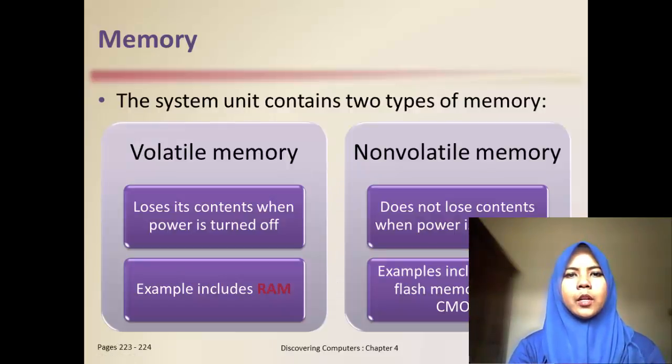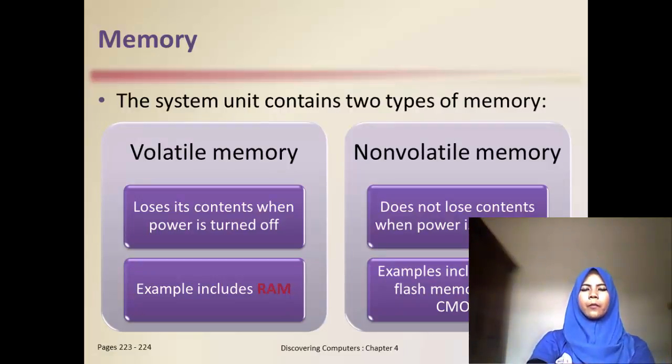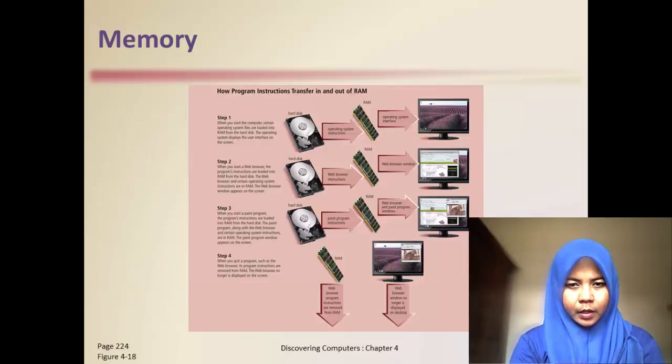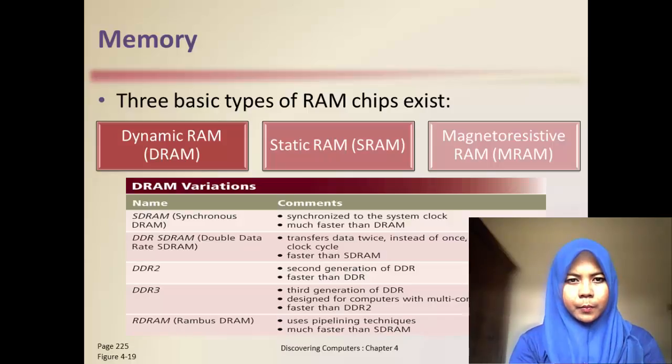The system unit contains two types of memory: volatile memory and nonvolatile memory. This is a picture of several types of memory. Three basic types of RAM chips exist: dynamic RAM, static RAM, and magnetoresistive RAM.